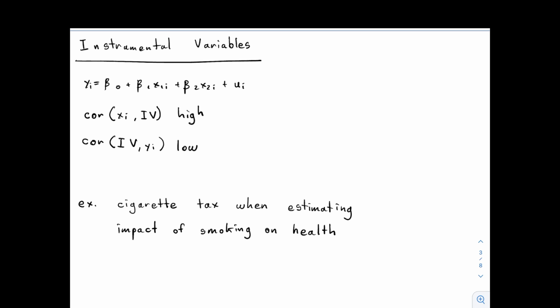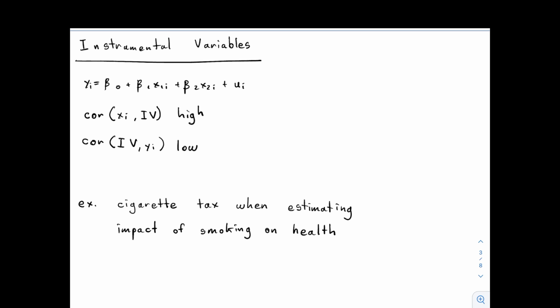Because the levels of cigarette taxes in whatever locality that you're in should not have a direct impact on someone's health. But we would also assume that in places where cigarette taxes are high and cigarettes are therefore less affordable, there's a higher barrier to entry to smoke.